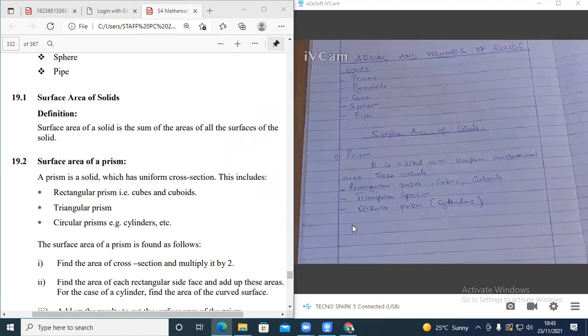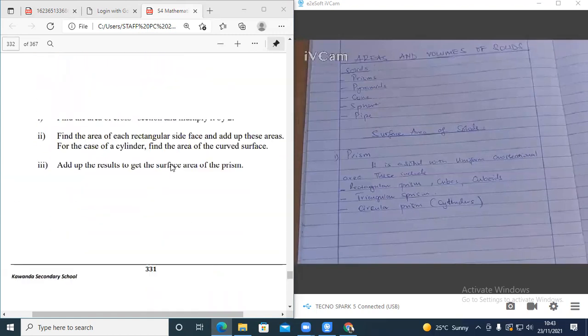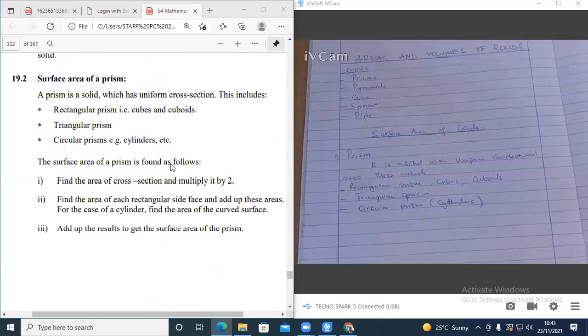They are saying that the surface area of a prism is found by using these three steps. One, find the area of the cross section and multiply it by 2. Two, find the area of each rectangular side face and add up these areas.